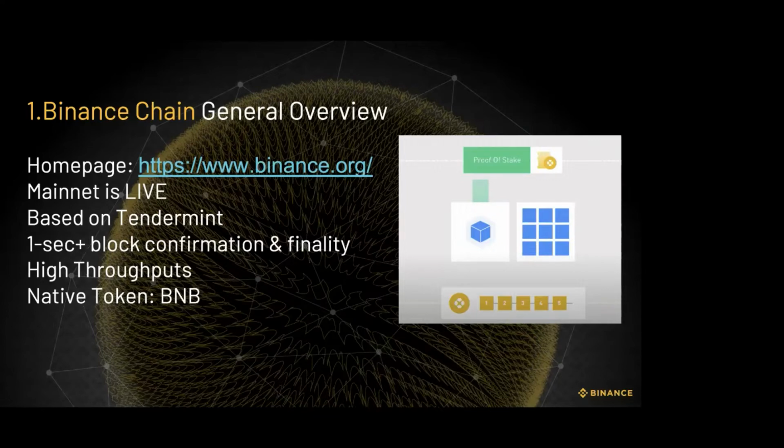In this way, with the fast block time, we can achieve very high throughput. The native token on Binance Chain is BNB, so you need to pay your fees, like transaction fees and trading fees, in BNB.